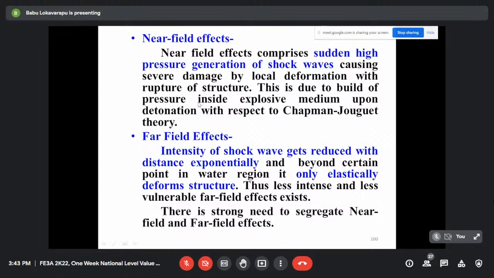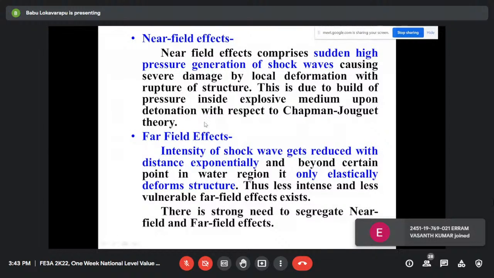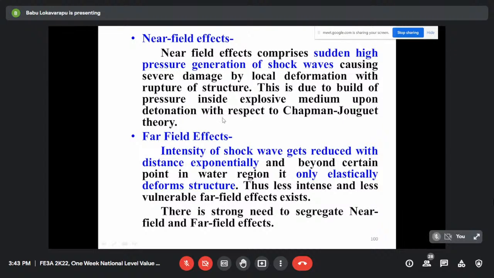This is due to buildup of high pressure inside the explosion medium upon detonation with respect to CJ theory. So this is very, very important; you should know what the near field effect is. If any system is within the near field effect, that is over, and it will be damaged severely. That is near field effect.